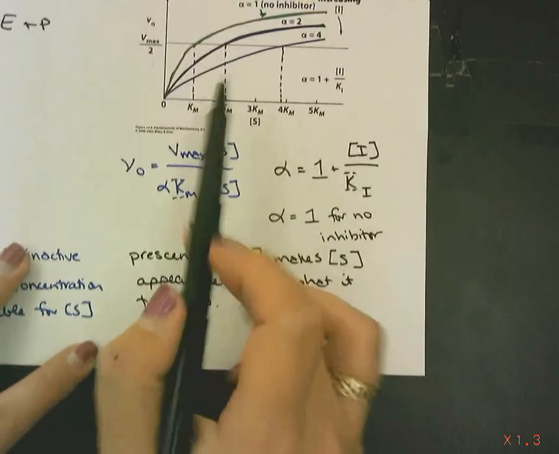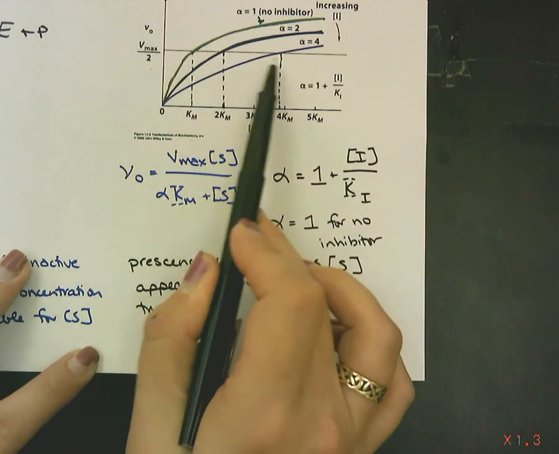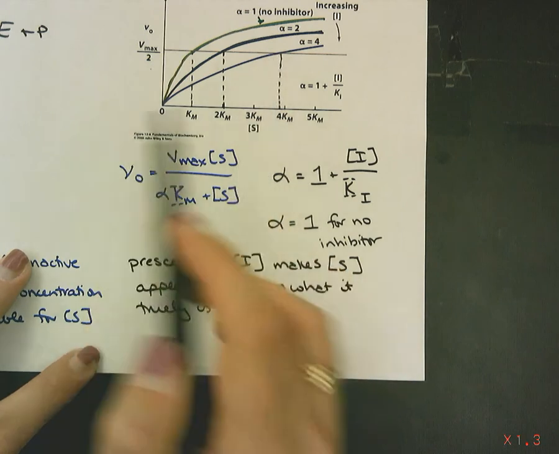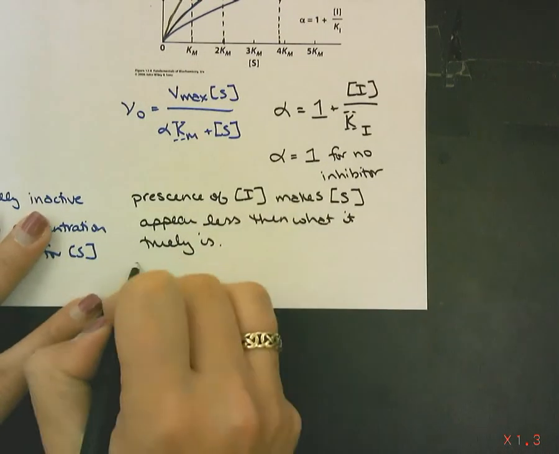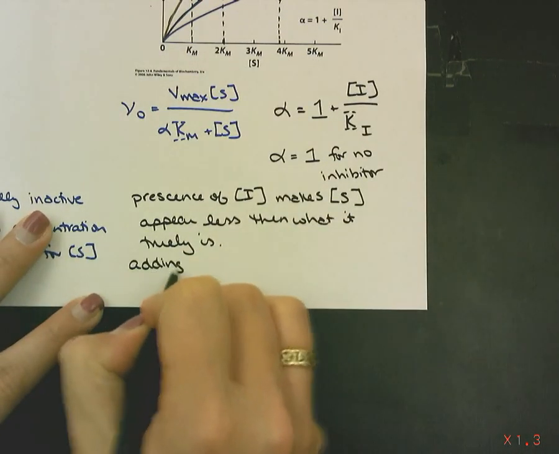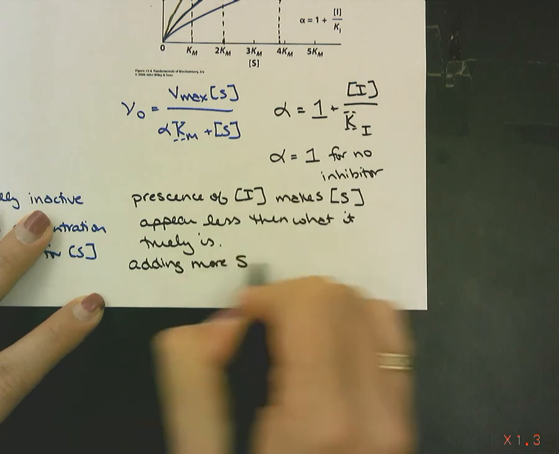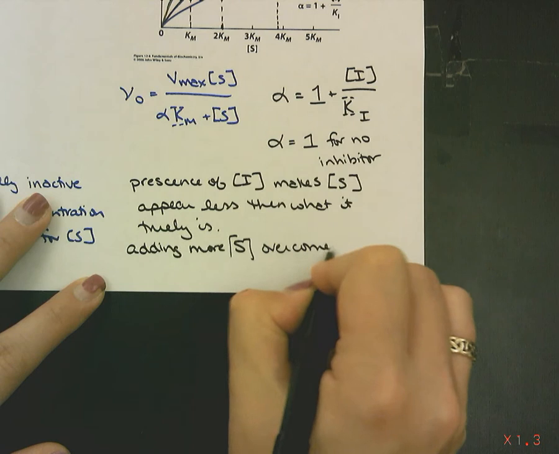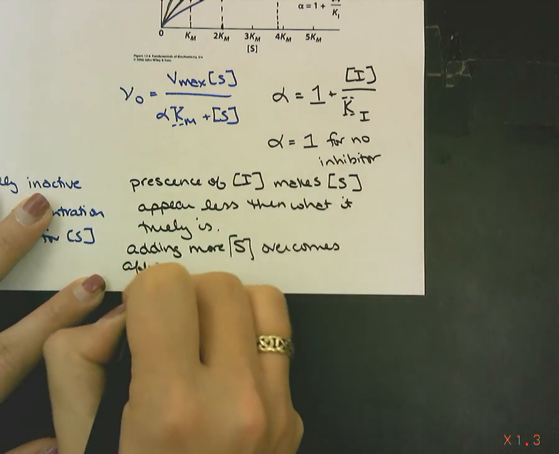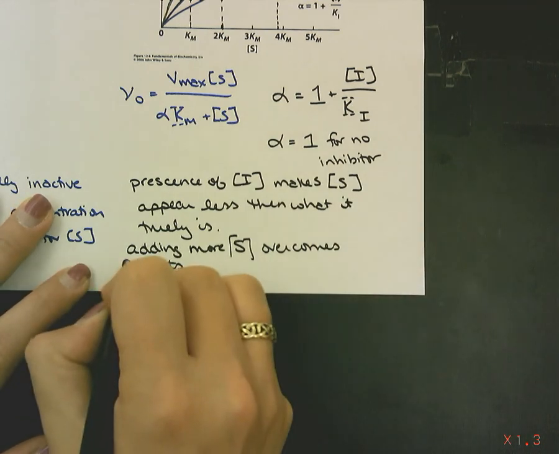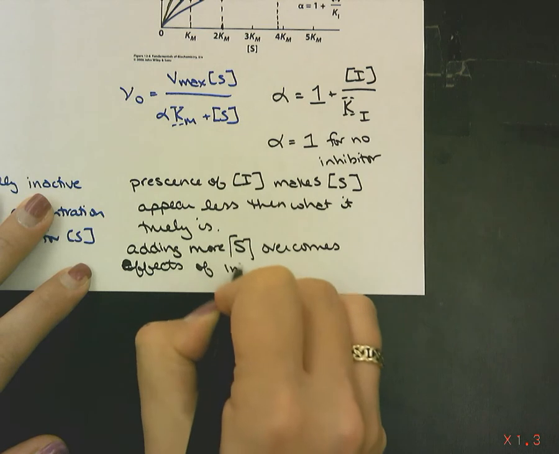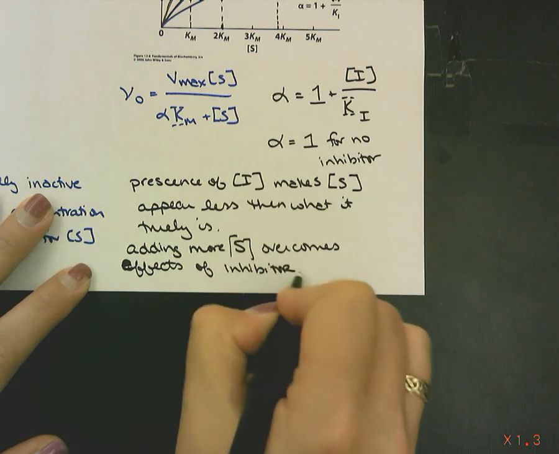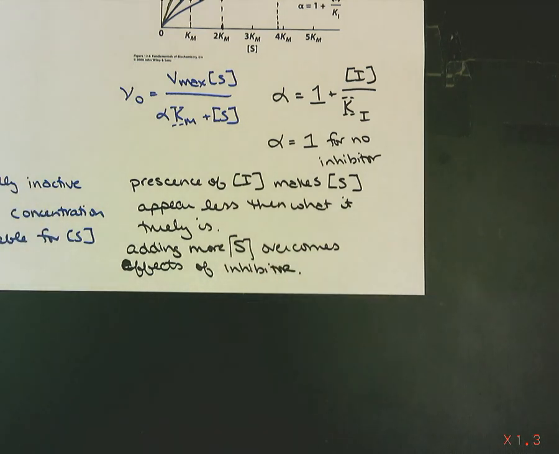And as we just talked about, if you increase the amount of substrate, you can overcome the effects of the inhibitor. So adding more substrate overcomes the effects of having the inhibitor.